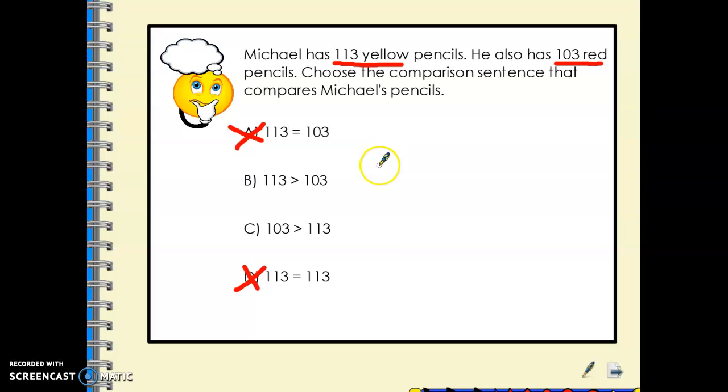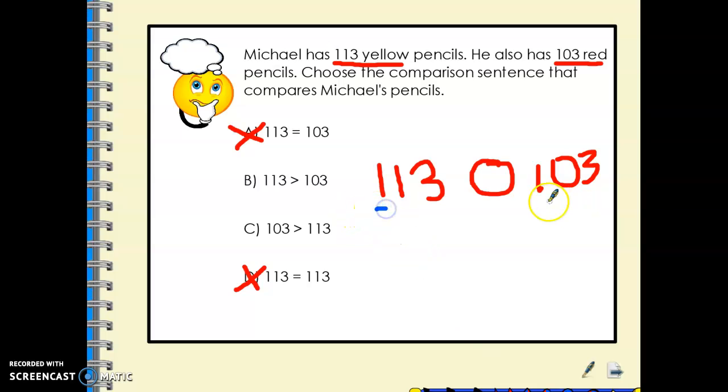So we know that we're comparing the number 113 and the number 103. So let's take a look here. Okay, 100 is the same. Oh, this one has 110.